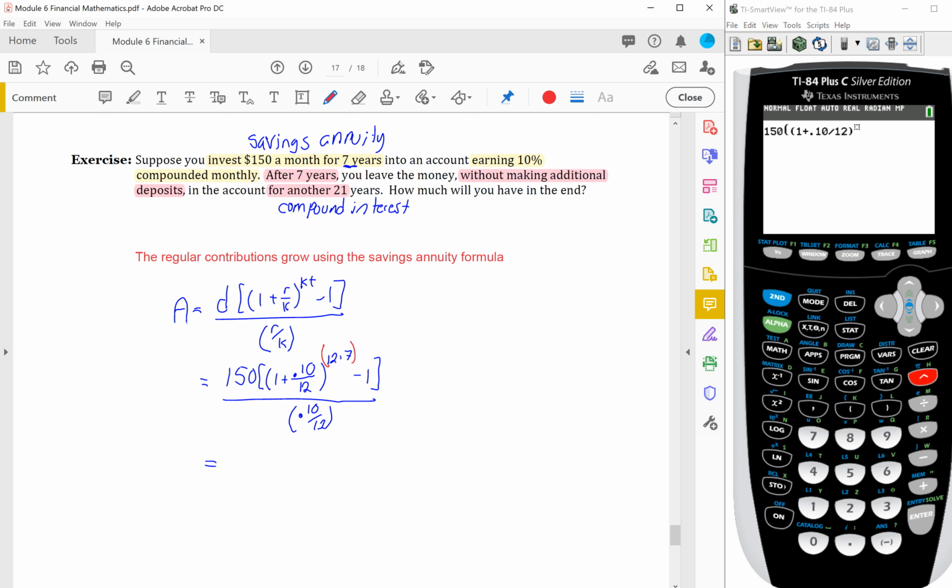I don't on my calculator, again, because it's clearly all an exponent. So mine will just be 12 times 7. Arrow over to get out of the exponent. Minus 1. That parenthesis will close off this bracket that we had at the end right here. Divide by the 0.10 divided by 12.